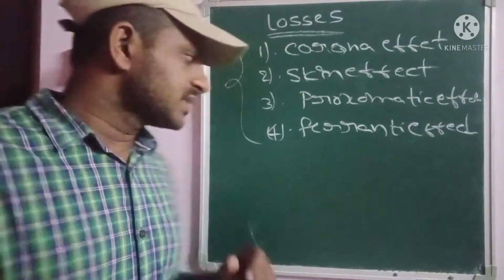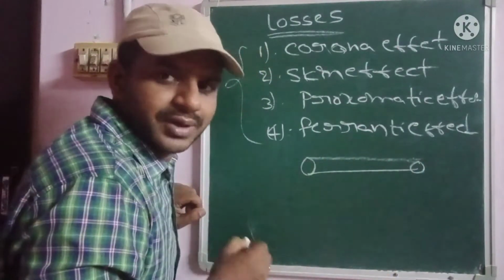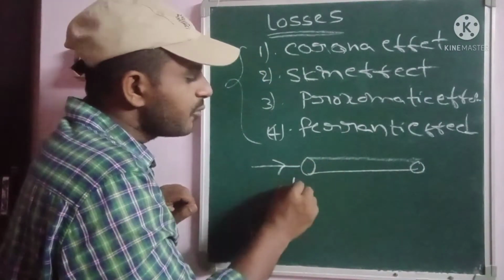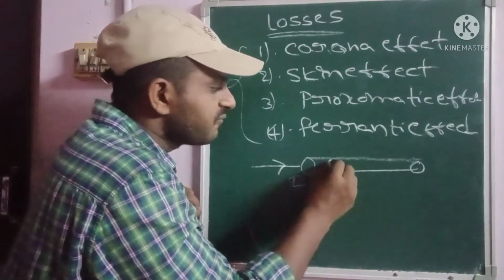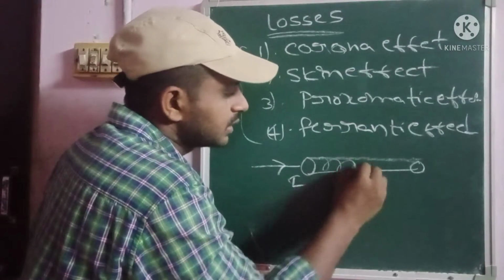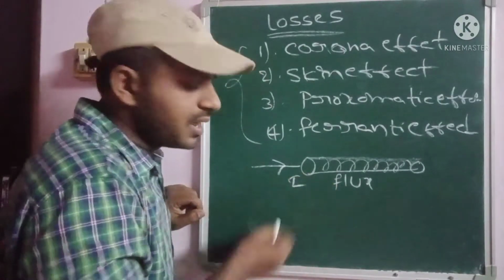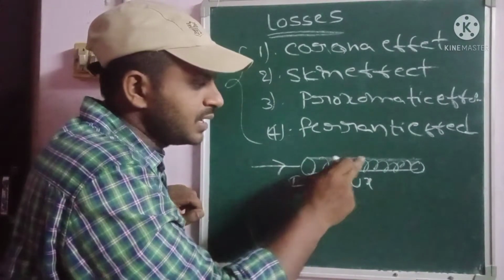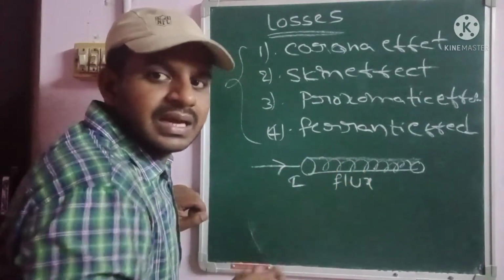Coming to the corona effect, let us consider one conductor. Whenever current flows through the conductor, some flux will be produced. Here the conductor is like a transmission line.